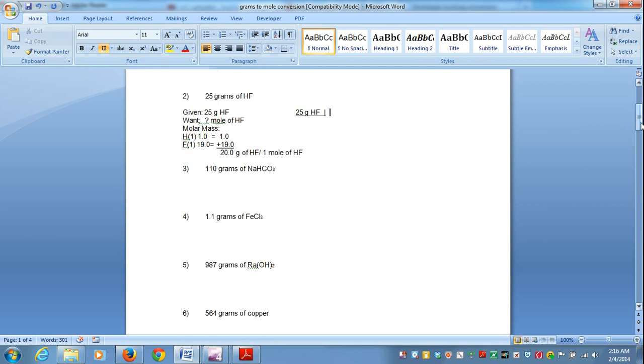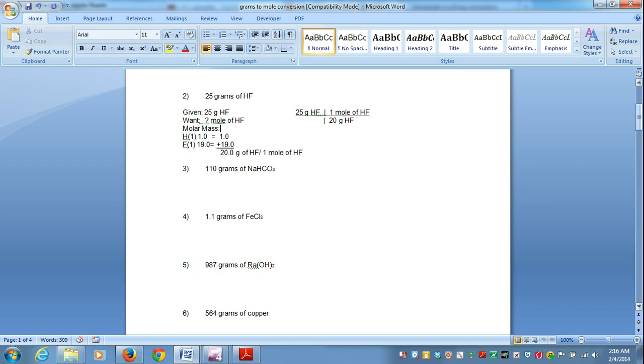And here, we're going to put on top what we want, and for this case it would be 1 mole of HF, and so what we're going to be dividing by is 20 grams of HF.